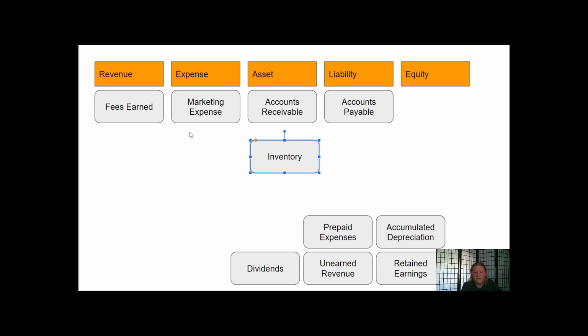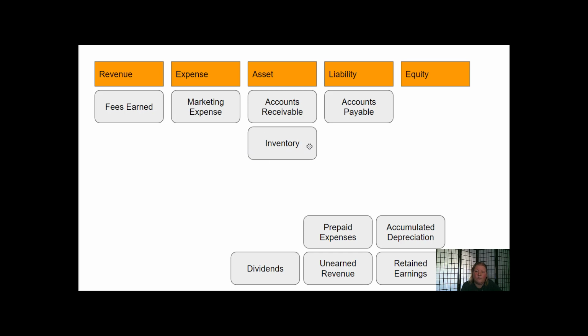When we sell it, it's called cost of goods sold. But when we have it in our storeroom, in our back room, it's inventory. And at that point, this is something I own that I can sell. And because it's something I own, it's not an expense, it's an asset. Okay? So that's one of those that people sometimes get stuck up on.